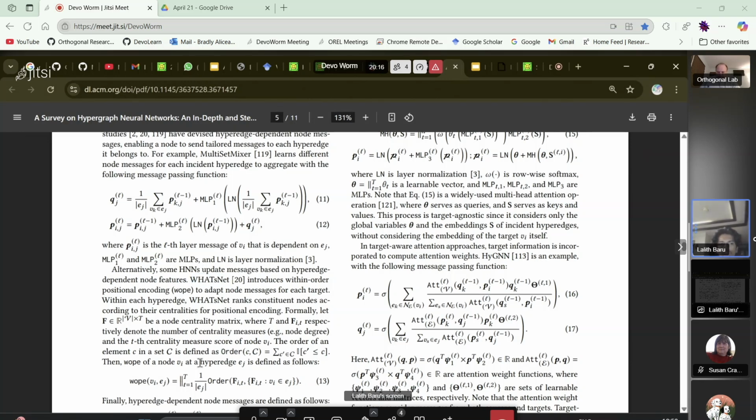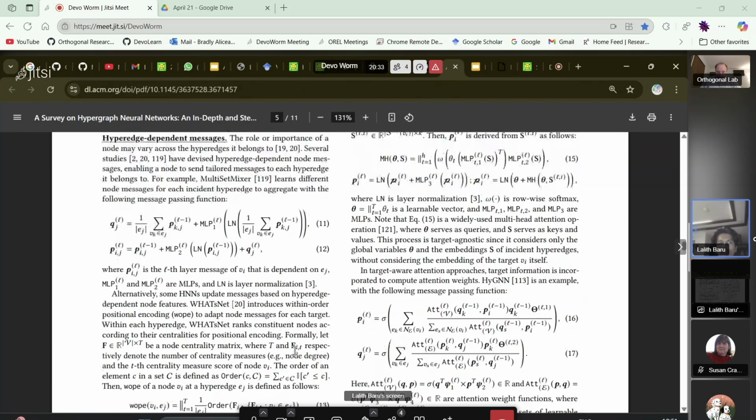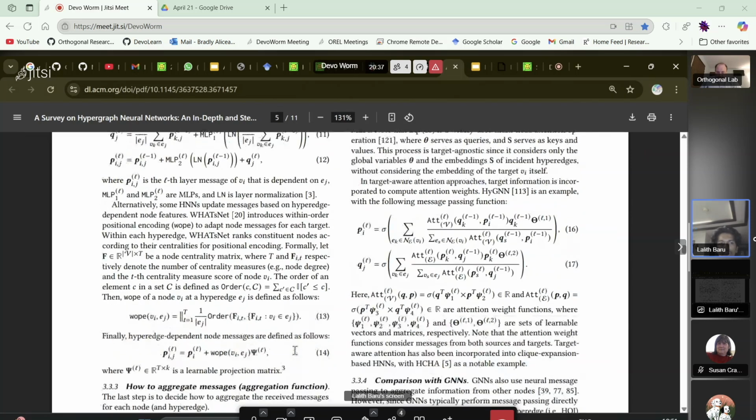And it's the order of C, and that's how they are able to calculate this within-order positional encoding. Using that, they are able to map it to each and every node and hypernode, so that the hyperedge has its weighting mechanism, and it becomes hyperedge dependent messages.